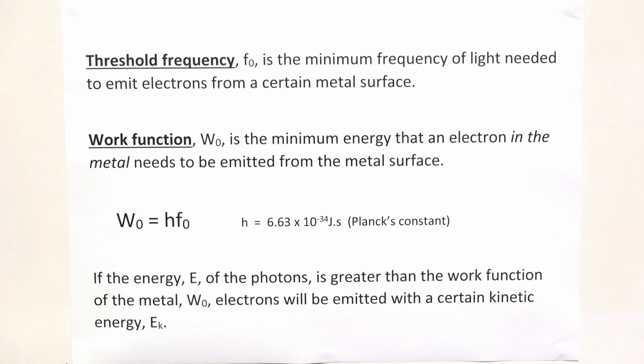So to calculate work function, it is Planck's constant times the threshold frequency for that particular metal. Threshold frequency and work function are set, or fixed, for each particular metal. That does not change. If the energy of the photons is greater than the work function of the metal, electrons will be emitted with a certain kinetic energy, Ek.